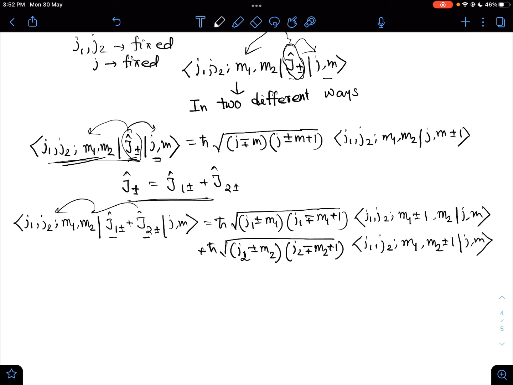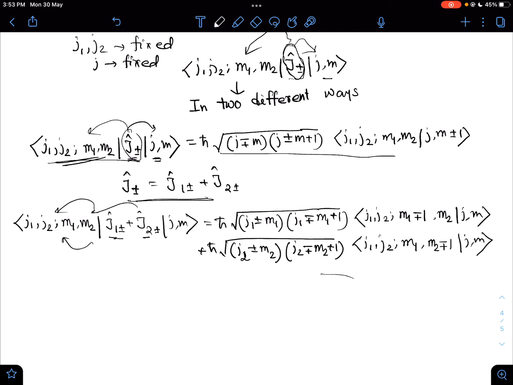This expression and this expression must be the same. This should be minus plus, because we are operating on the ket state, not on the bra state. So that is why we will have M1 ∓ 1 and M2 ∓ 1.